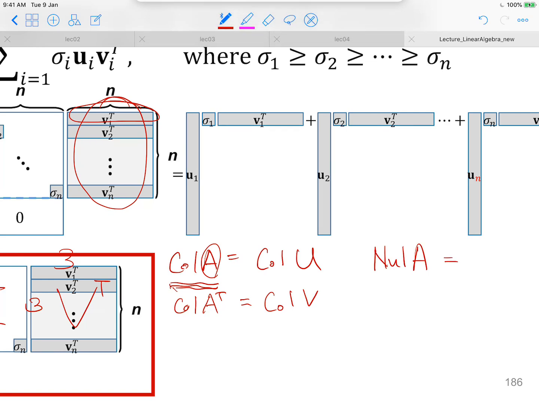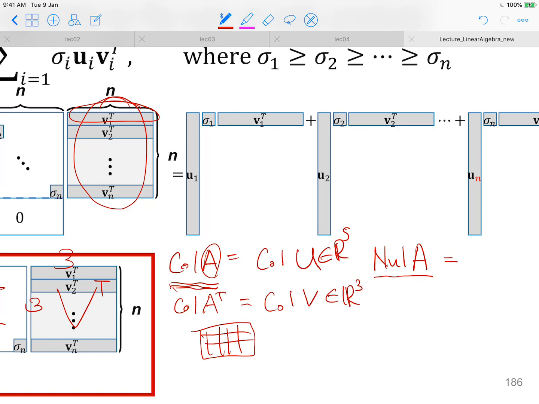What about the null space of A? Let's first think of the dimension of this space. The entire space that contains the column space of U is a 5-dimensional space. A transpose is 3 by 5, and so this is a 3-dimensional space.